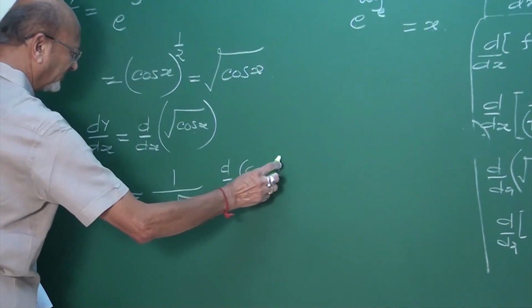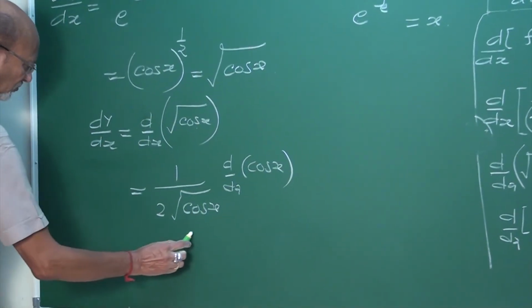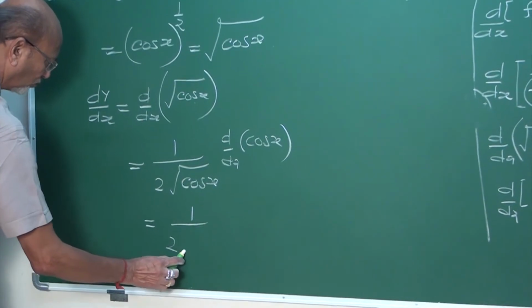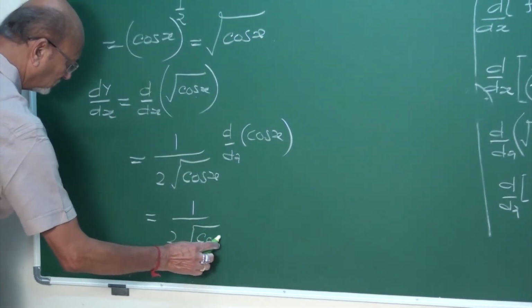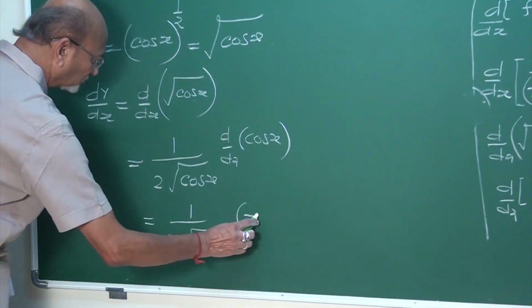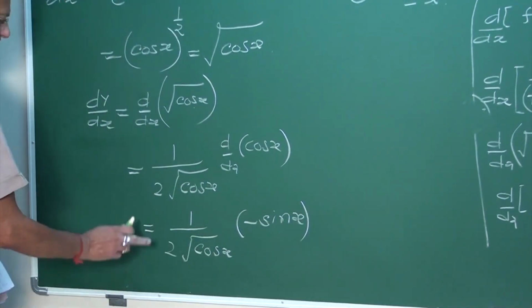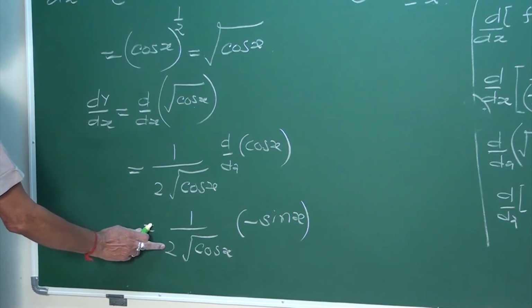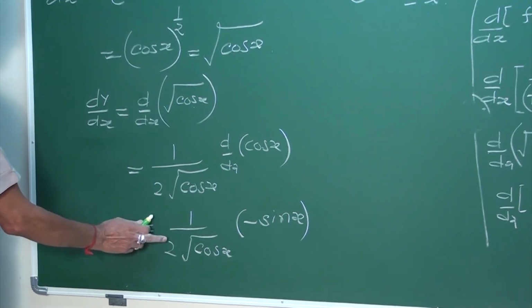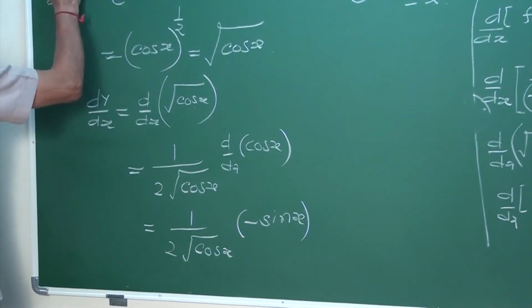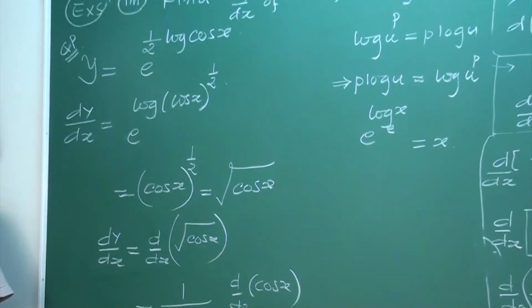You can write directly here. This is 1 by 2 root cos x, into derivative of cos, which is minus sin x. So it is minus sin x upon 2 root cos x. It appeared in the question paper.